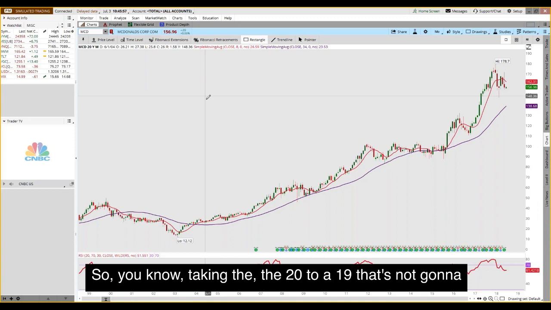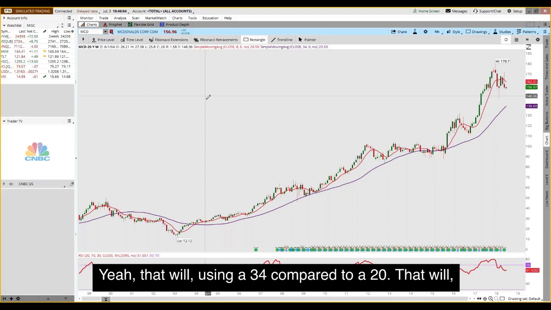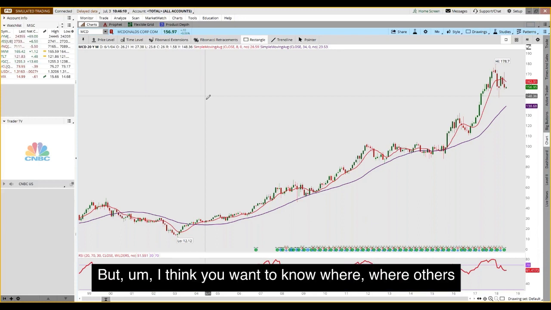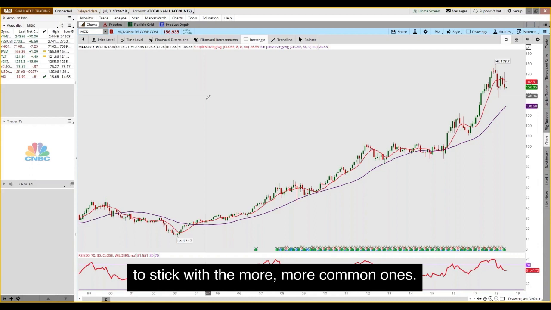So, taking the 20 to a 19, that's not going to do anything. Using an 8 compared to a 20, yeah, that will. Using a 34 compared to the 20, that will, that sort of thing. But I think you want to know where others are looking. So I would tend to stick with the more common ones.